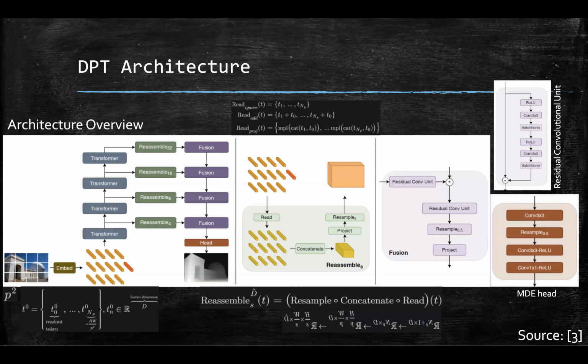For the training, they use a combination of losses, which I will try to explain just conceptually. They used the so-called scale and shift invariant trimmed loss. This loss function operates on an inverse depth representation.